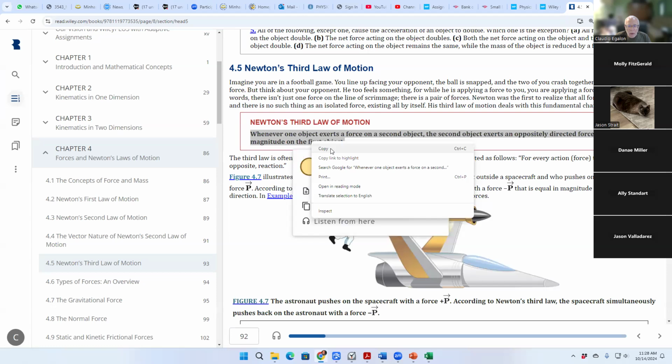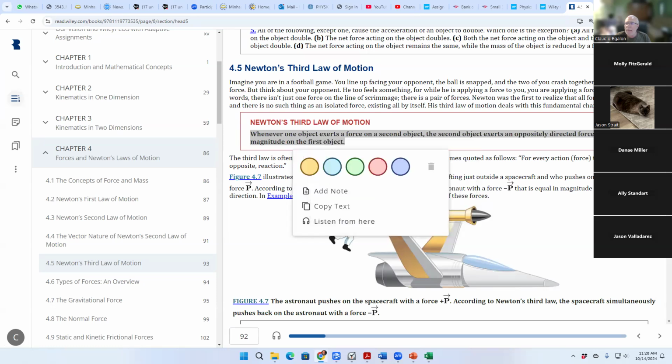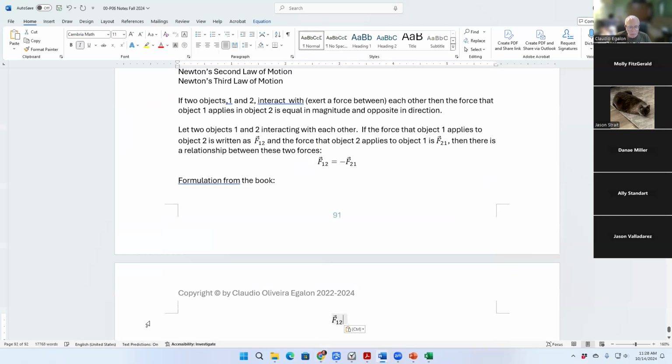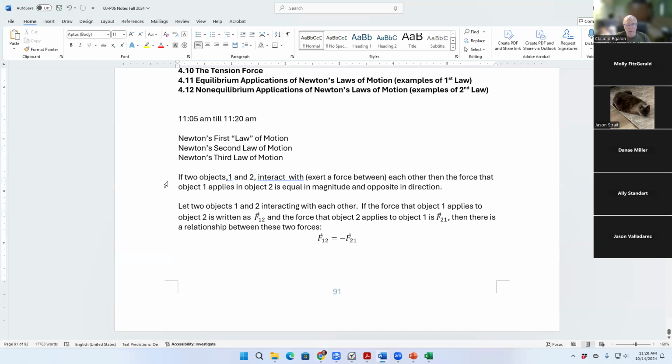Strange. When I try to paste it there, it doesn't paste. Okay, I'm not going to copy and paste it here.